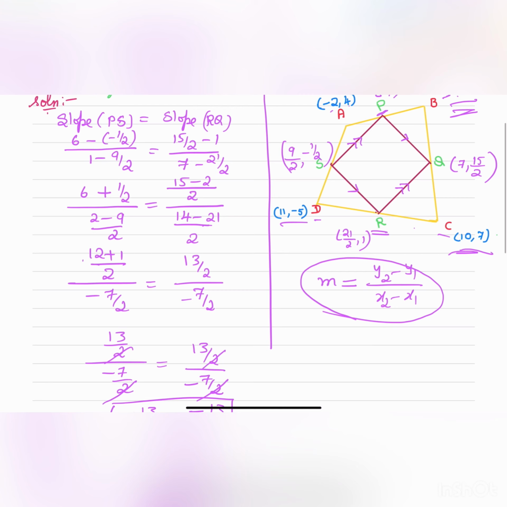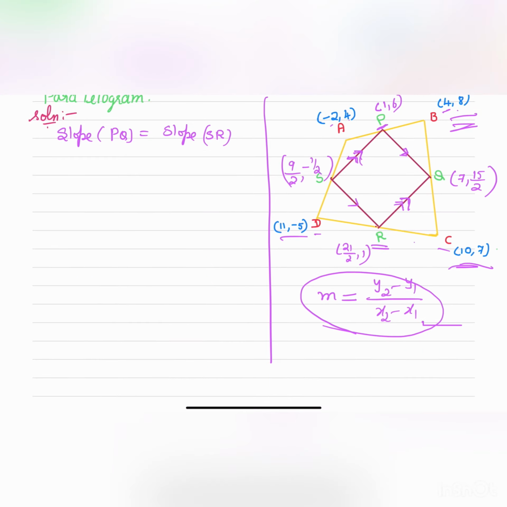So we have got PS is parallel to RQ, and we have to show that PQ is parallel to SR. In the same way, we will use the slope formula and find the slope of PQ. That will be equal to (15/2 - 6)/(7 - 1) is equal to (1 - (-1/2))/(21/2 - 9/2).